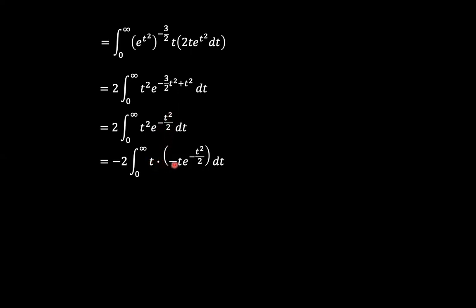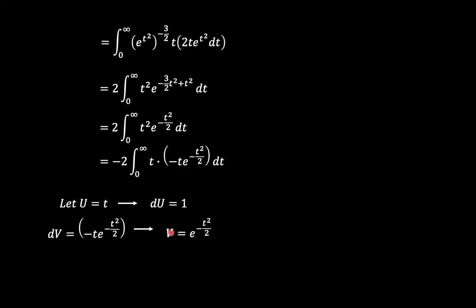Now, since we have a negative here, I have introduced another negative here artificially. So what we'll do now is say let u be equal to this t, so that du is equal to 1, and let dv be equal to this negative t times e to the power negative t squared over 2, such that our v is just e to the power negative t squared over 2.